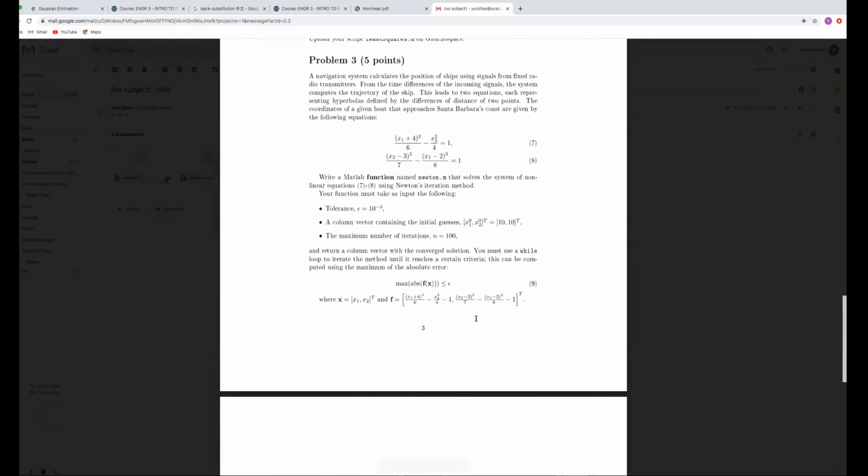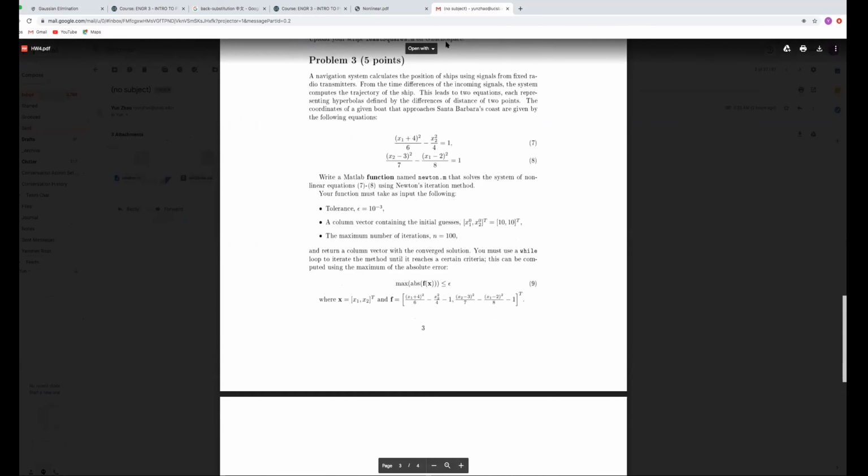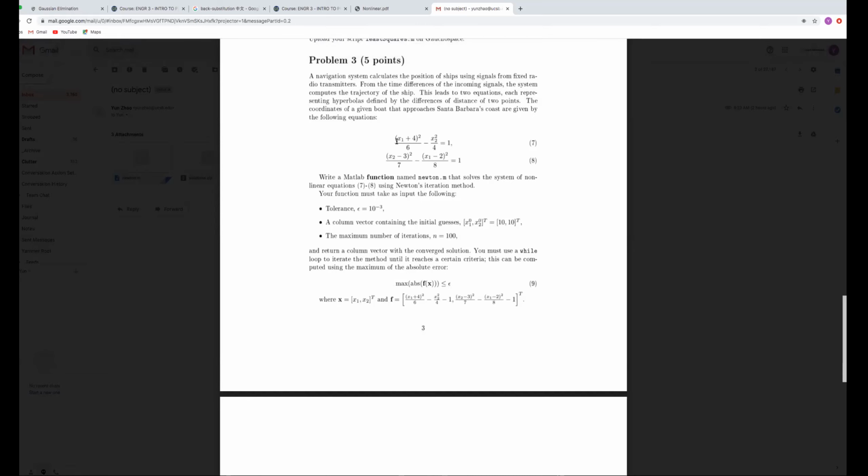Yeah, let me go through the question first. This question is talking about, okay, let's skip this background part. Actually, we are trying to solve this linear system, right? And we are trying to apply Newton's method, right? And we give you some conditions, like the tolerance we talked about. It's 10 to the power of -3.